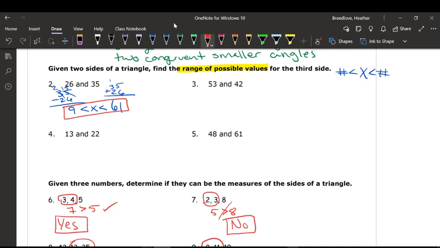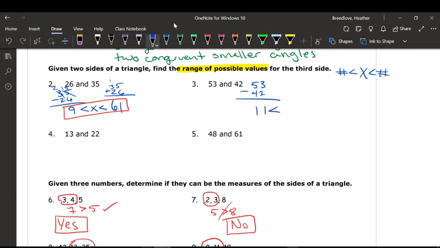So to get the small value, the minimum length required to make a triangle, you subtract. To get the maximum value, the longest length to make a triangle, then you're going to add. So here again I have 53 and 42, so I'm going to do 53 minus 42, 1, and it's 11.